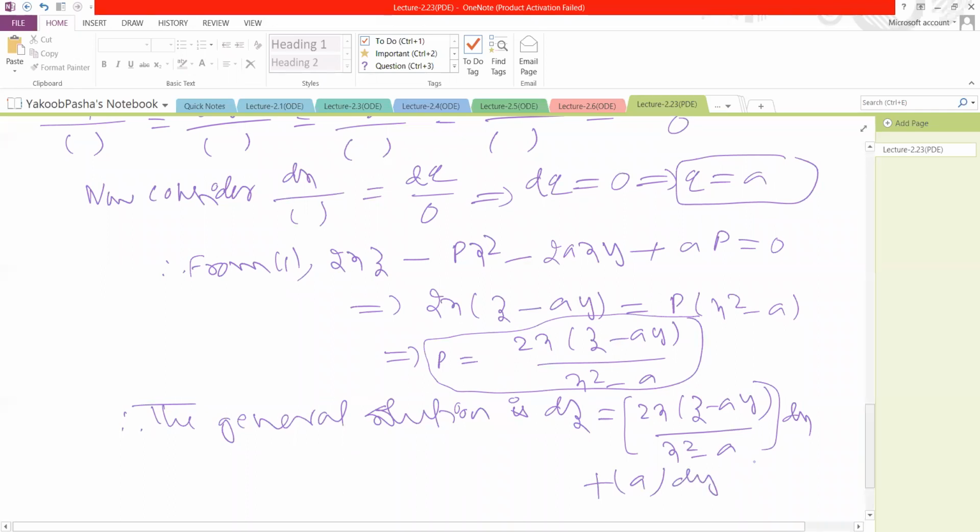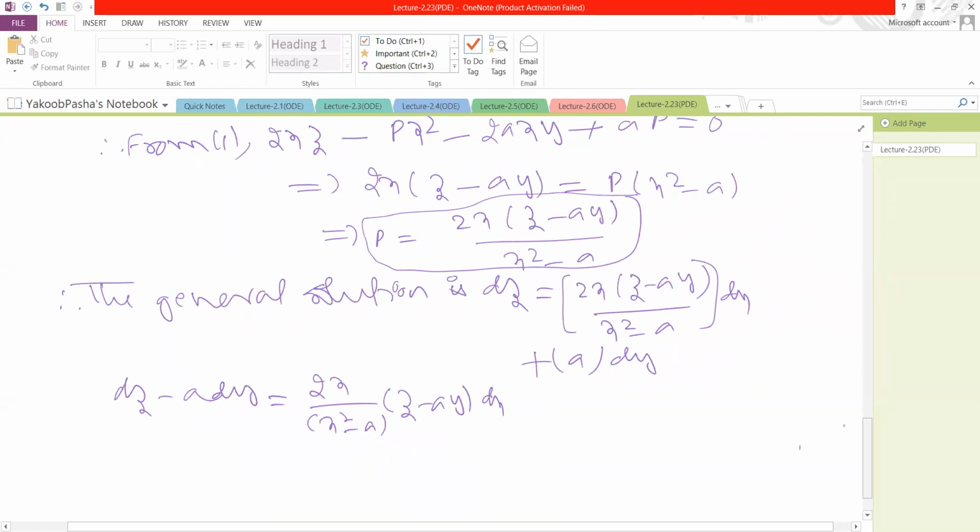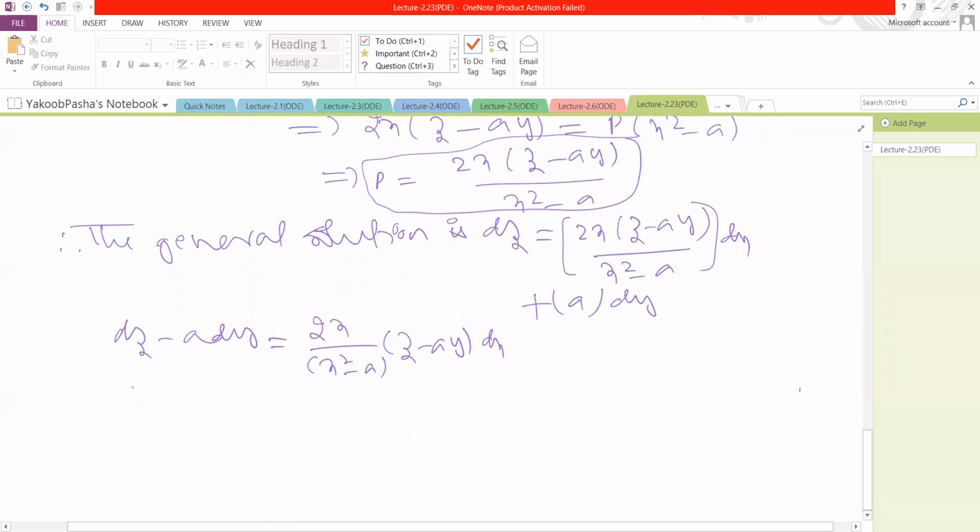So I am writing this equation as dz minus a dy is equal to 2x by (x square minus a) into (z minus ay) into dx, and dividing with z minus ay, we get (dz minus a dy) by (z minus ay) is equal to 2x by (x square minus a) into dx.